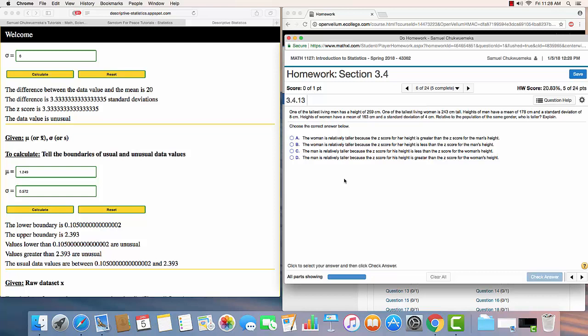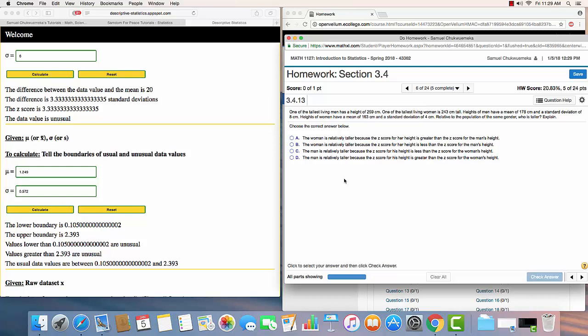Heights of women have a mean of 163 centimeters and a standard deviation of 4 centimeters. Relative to the population of the same gender, who is taller? Explain. So let us see which one has the higher z-score.